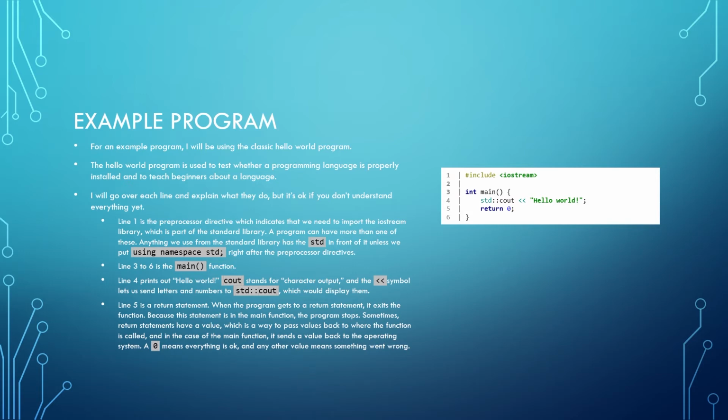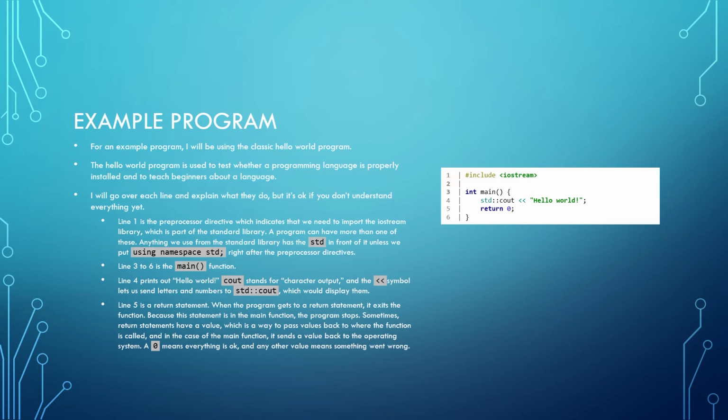Sometimes return statements have a value, and this value is called the return value, and it's a way for functions to communicate a value back, so that if you have a bunch of code and then you call a function, the function can give you a value, and then you can use this value to do other stuff. But for the main function, this value tells the program what the exit code is, and the exit code tells the operating system whether the program encountered any errors.